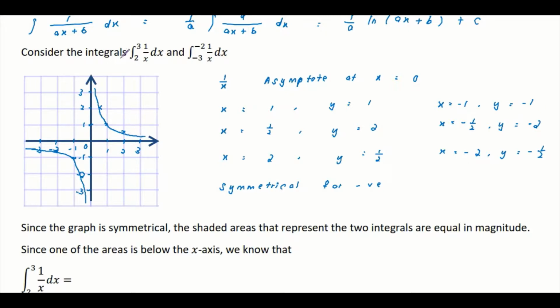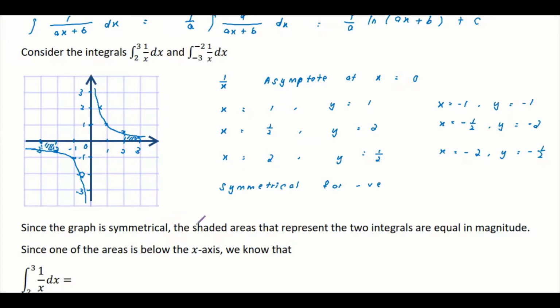All right, so let's shade the integral that we want. From 2 to 3, it's like here. Then the other one is from -3 to -2, which means it's like here. Because of the not so nice graph you can see some difference, but if you draw it properly, using the idea that the graph is symmetrical, you should know that this area and this area should be the same, right?